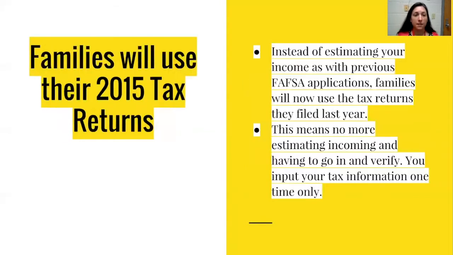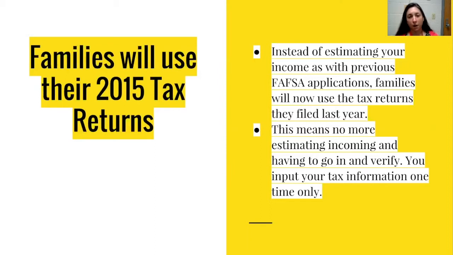So what's great about this is it means that families are not estimating anymore. You're no longer having to guess approximately what your tax situation will look like and then fill out a correction later. Instead, you're able to accurately put in the income you had from the 2015 year, and they'll base your aid on that. So you're not estimating anymore, and you're not filling out the update or the corrections once you have filed your taxes.